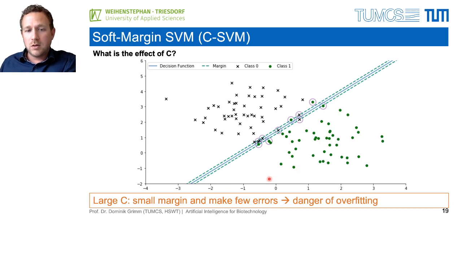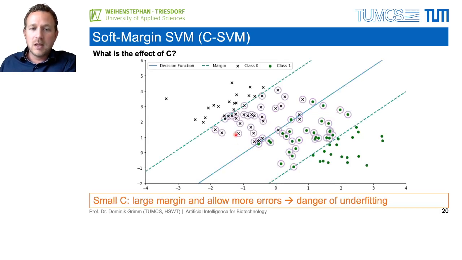The other way around, if we have a small C, then we allow a lot of errors and we get a large margin. That's then the danger of underfitting. If the C value is too small, we have the danger of underfitting because our margin is too large and we make too many errors.